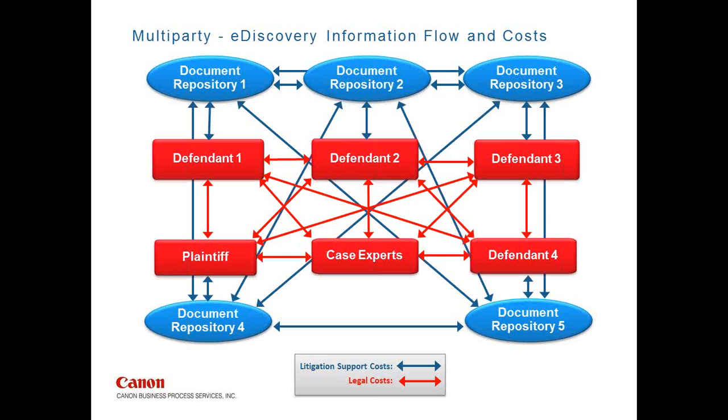This slide represents the e-discovery information flow and costs associated with a multi-party case, and obviously there are a lot of litigation support costs and a lot of legal costs associated with the inefficiencies of having multiple document repositories.